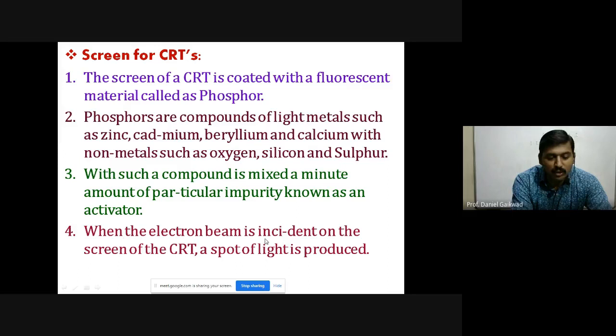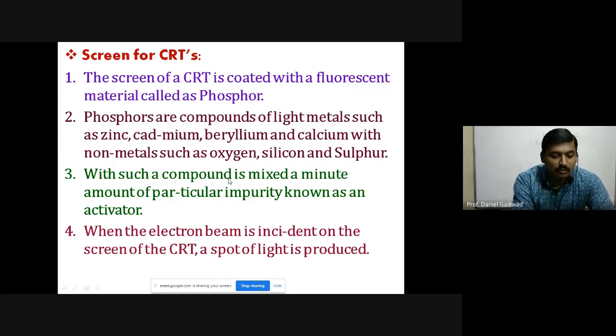When the electron beam is incident on the screen of the CRT, a spot of light is produced. This spot is because of the fluorescent material, taken as phosphor with other metals, for example zinc, cadmium, beryllium, calcium, and with the non-metals oxygen, silicon, sulfur.